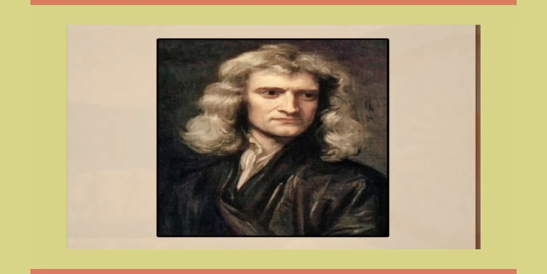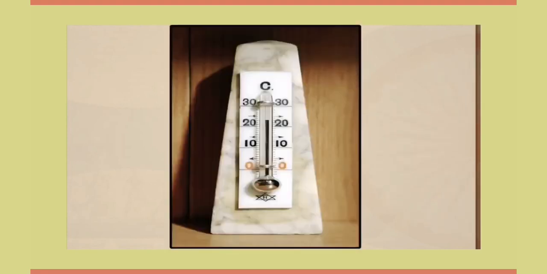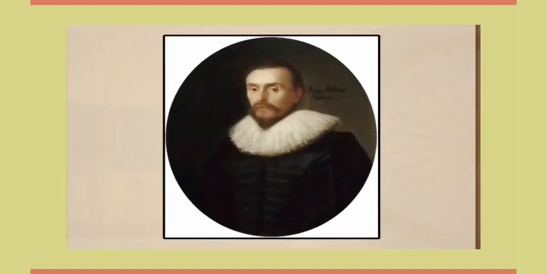New discoveries and inventions were also made in the field of medical science. The microscope and thermometer were invented in the 17th century. The circulation of blood from the heart to the other parts of the body was discovered by William Harvey.